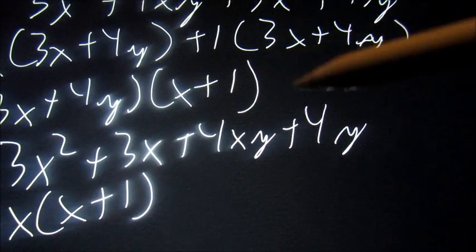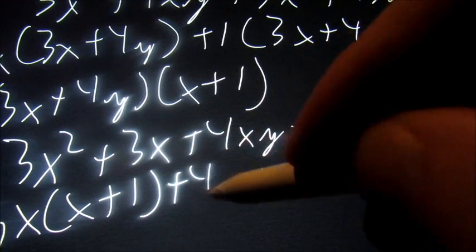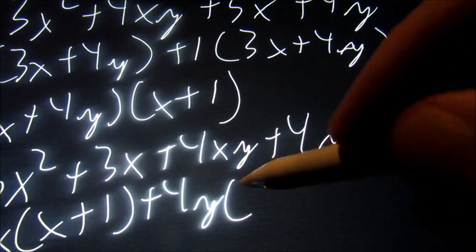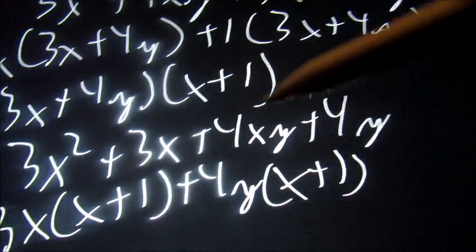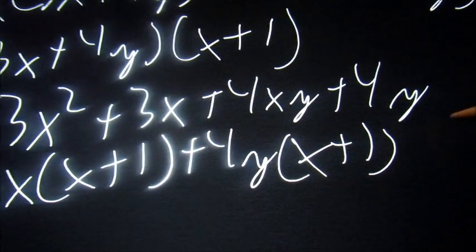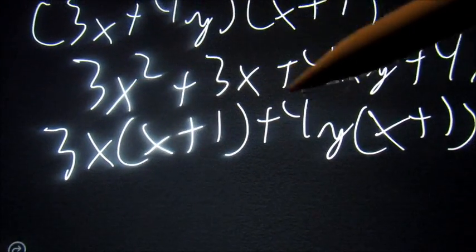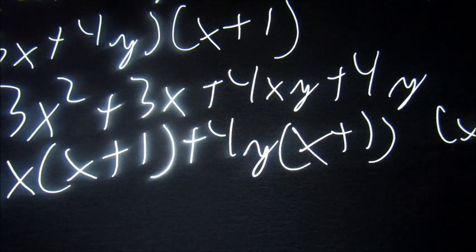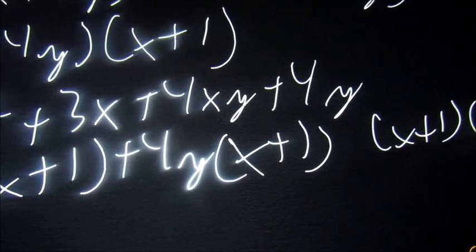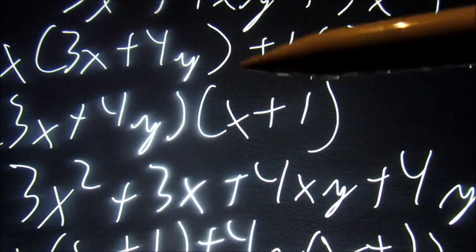On this one, I can factor out a 4y, and I'm left with x plus 1. And I have exactly the same thing in the parentheses, which is x plus 1. And I'm left with a 3x plus 4y, which is the same as I got this way.